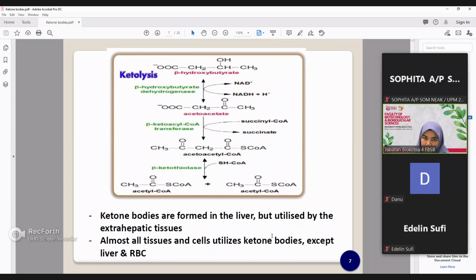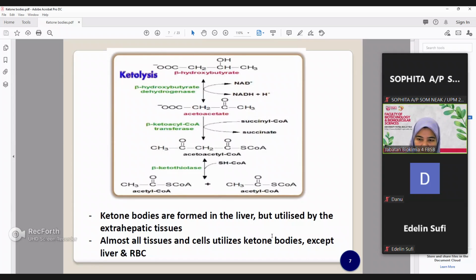Okay, so basically in the liver there is no enzyme that is able to degrade ketone bodies. That enzyme is not present in the liver, so liver cannot utilize ketone bodies. The name of the enzyme is succinyl-CoA 3-ketoacid-CoA.